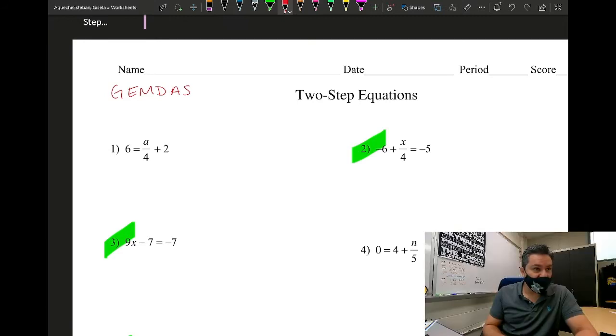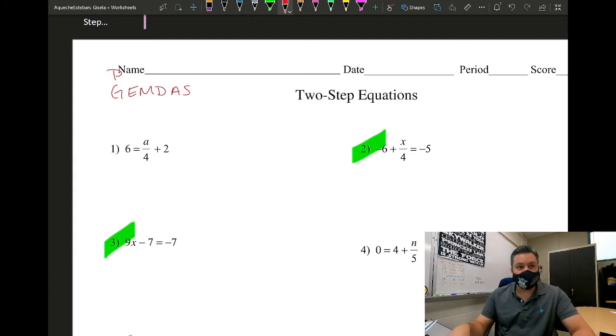GEMDAS. Some people, instead of G, use the letter P and call it PEMDAS. Do you remember that? Rings a bell a little bit? Okay. So what this stands for is the method we're going to use to solve equations, and those letters each represent something different.